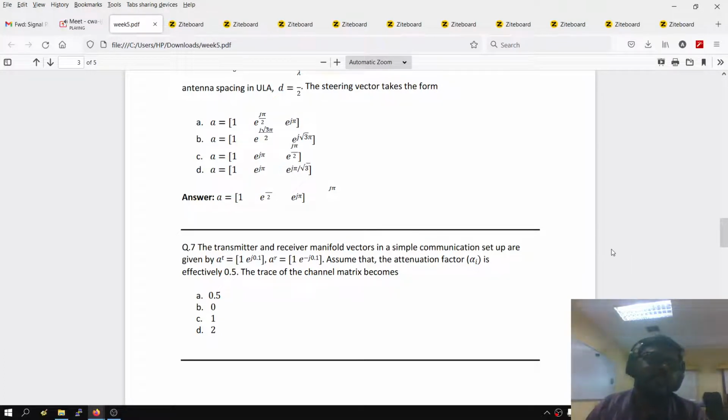The steering vector is there because there are multiple antenna manifolds. The phase comes as I discussed in the previous question, like e to the power j delta theta, that term gives the second term. It is asked what the trace of the channel matrix becomes. So let us first derive the channel matrix, and if we can derive it, we can say what the trace of this channel matrix is.